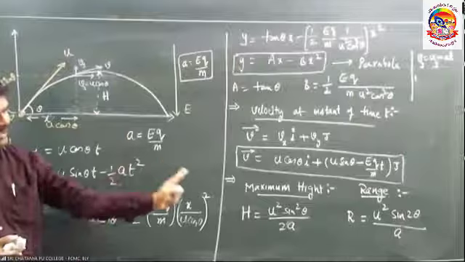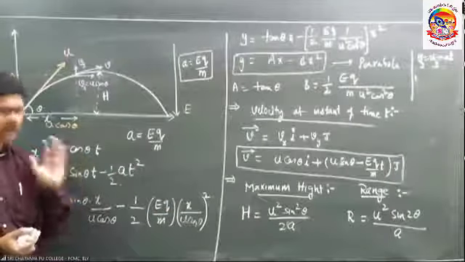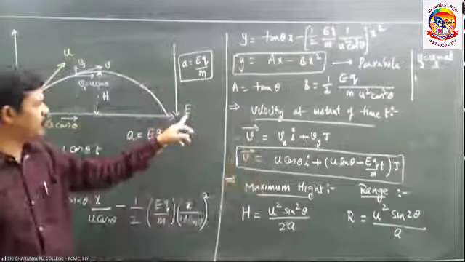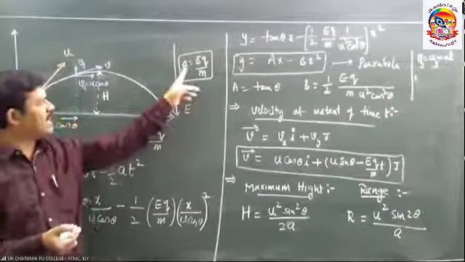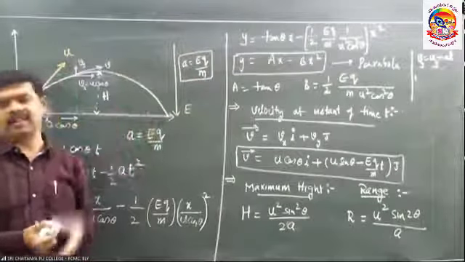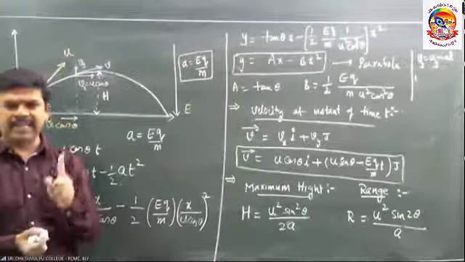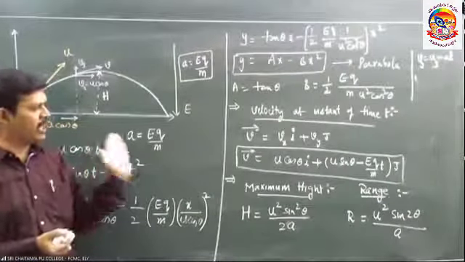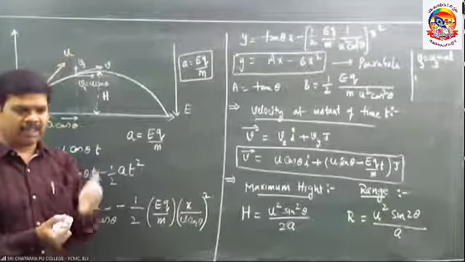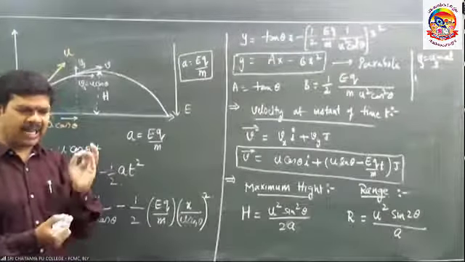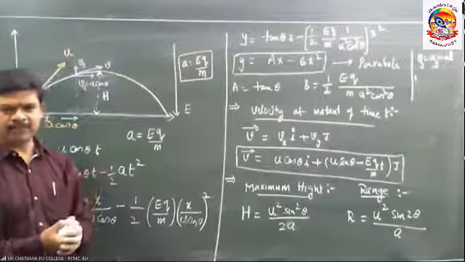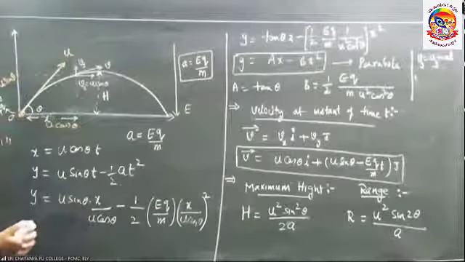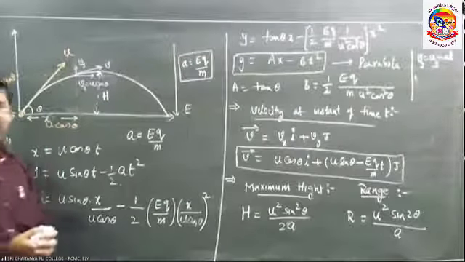All the formulas are the same, except in place of g, a, because here the field is electric field and the acceleration is eq by m. There, the field is gravitational and acceleration is g. That is the only difference. Whenever you get the problem, don't worry, apply the same. Tomorrow I will give you the shortcut for how to remember this. Just go through this topic today and be ready for tomorrow's class.